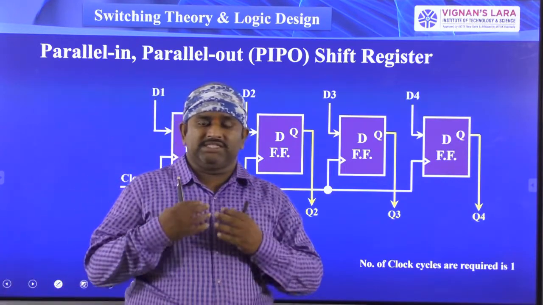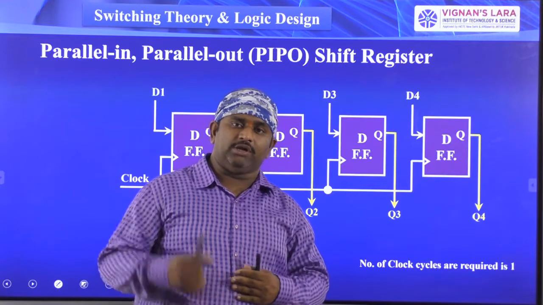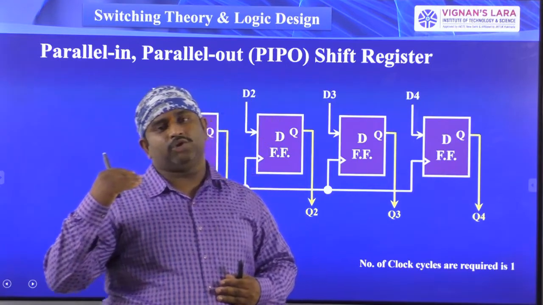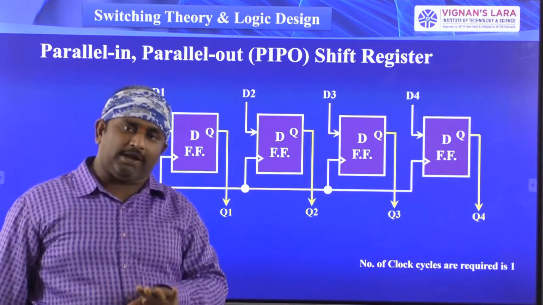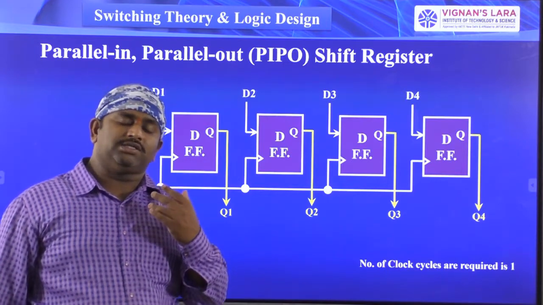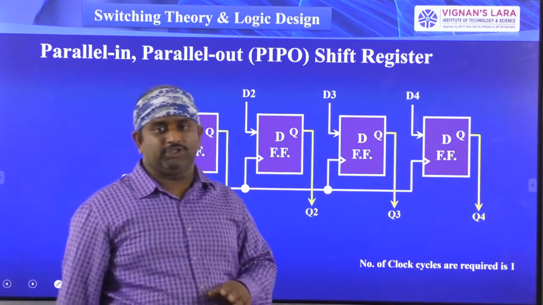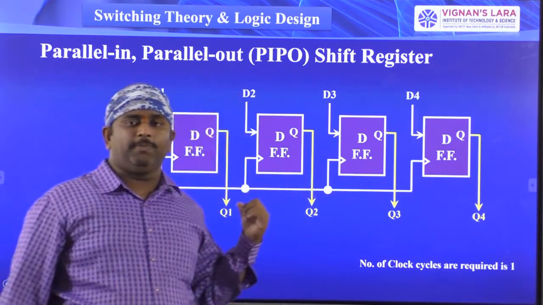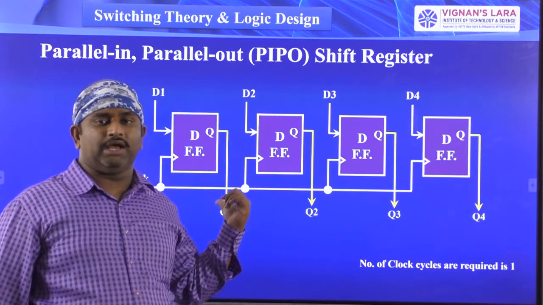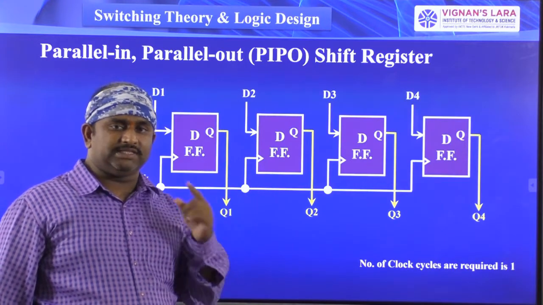For serial input, serial output configuration, the total number of clock cycles required is 7. In the serial input, parallel output and parallel input, serial output configurations, you require 4 clock cycles. And in the parallel input, parallel output configuration, you need only 1 clock cycle.